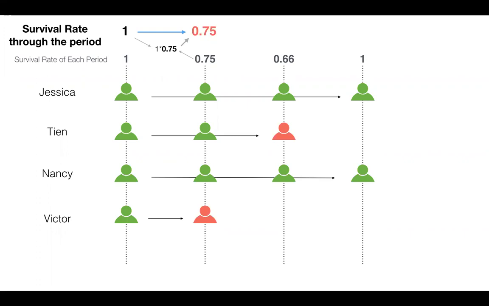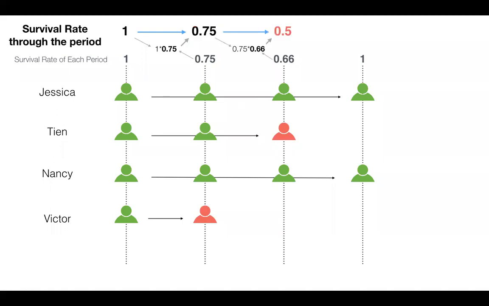You multiply any given month's survival rate by the previous survival rate. So 1 multiplied by 0.75 becomes 0.75. So the probability that any given user survives until the second month is 75%.